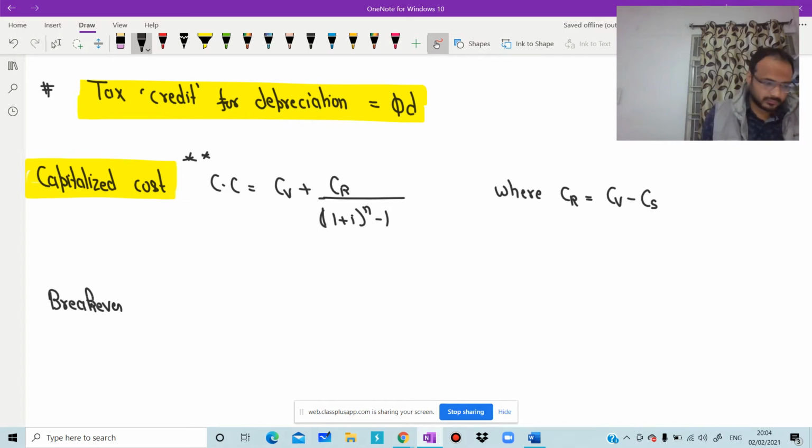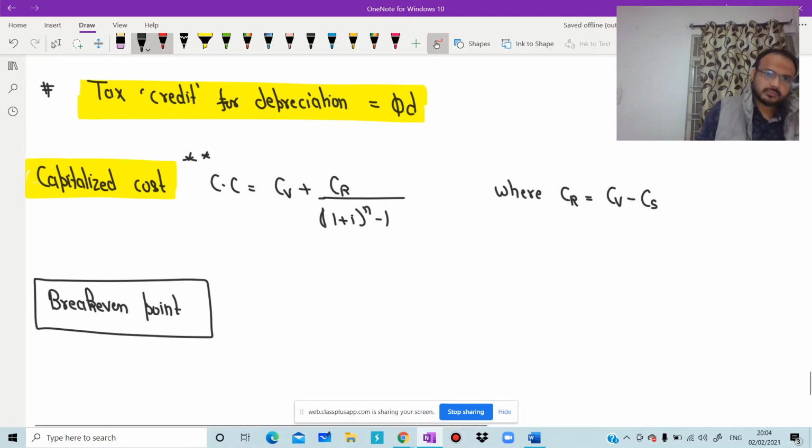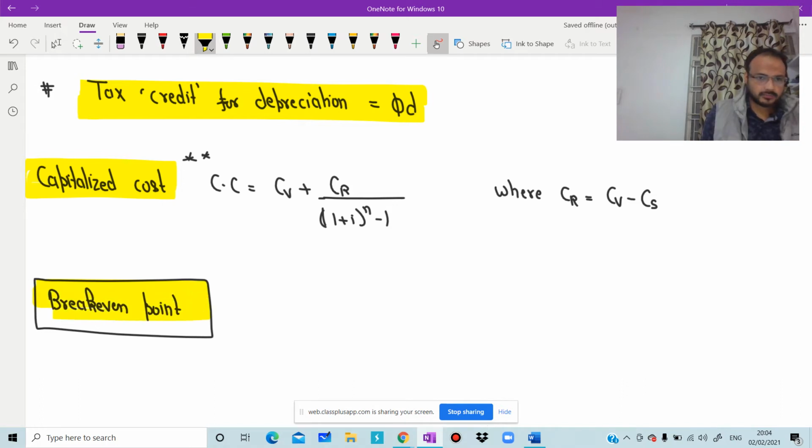Break even point. Break even means no profit, no loss. In this sixth test, you will get a question from the break even point also.